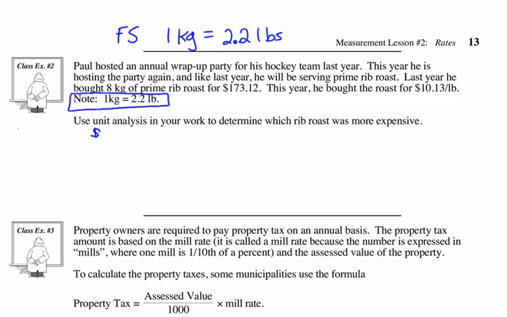Now, last year, if we leave it as $173.12 for 8 kilograms, that's not going to really help us out. If it was a unit rate, then we'd have a better idea of the price per kilogram, which then we can maybe convert the other one and compare them. So let's find out his unit rate.